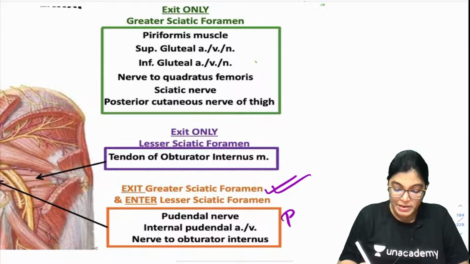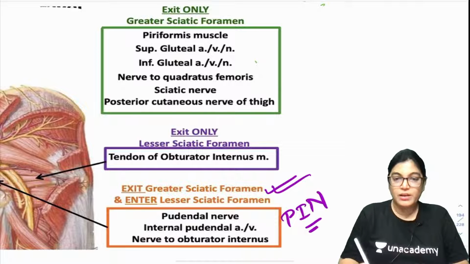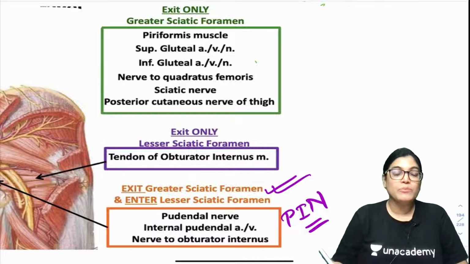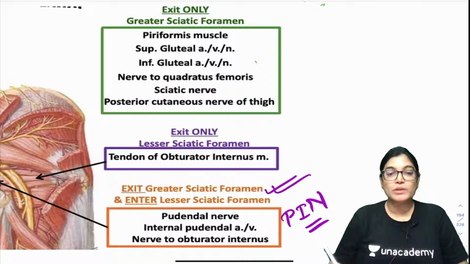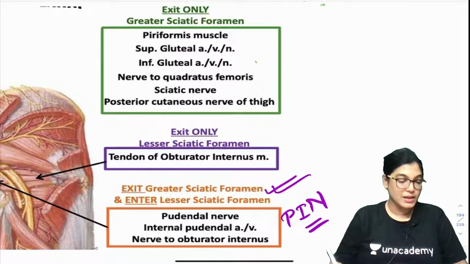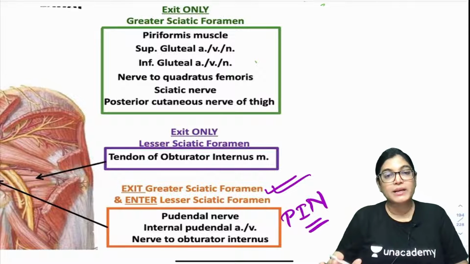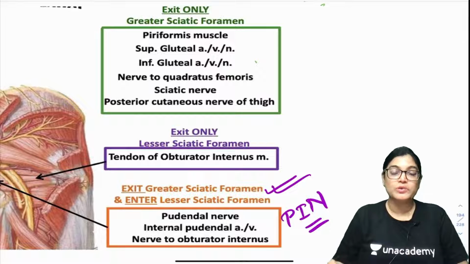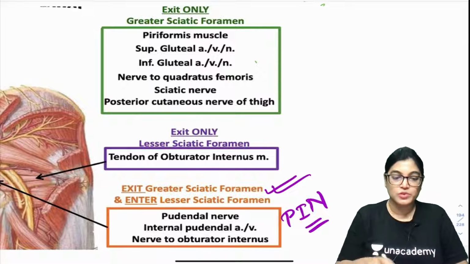We remember them by the mnemonic PIN: Pudendal nerve, nerve to obturator internus, and Internal pudendal vessels. Everyone, please learn this list by heart. This is very important to crack the MCQ.